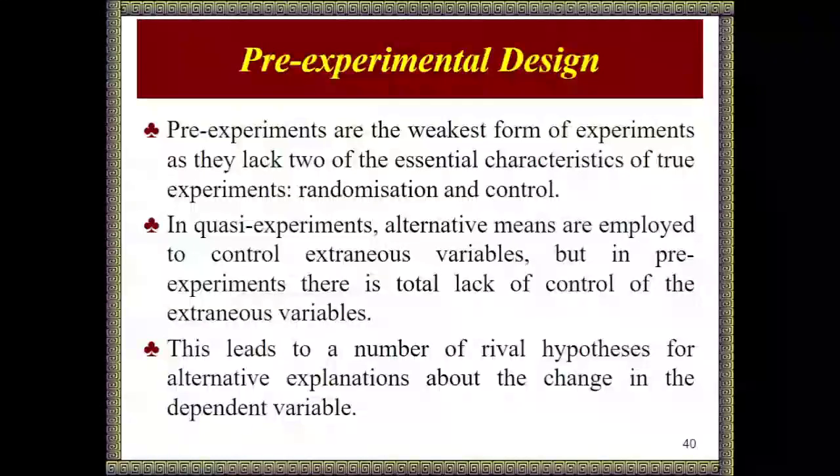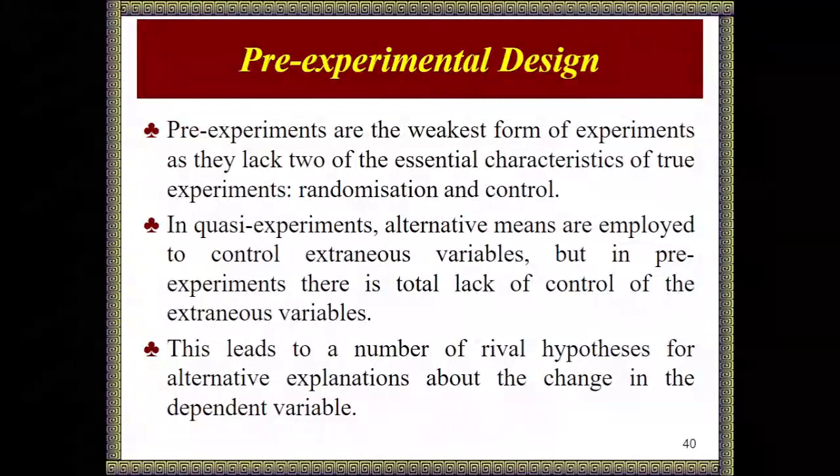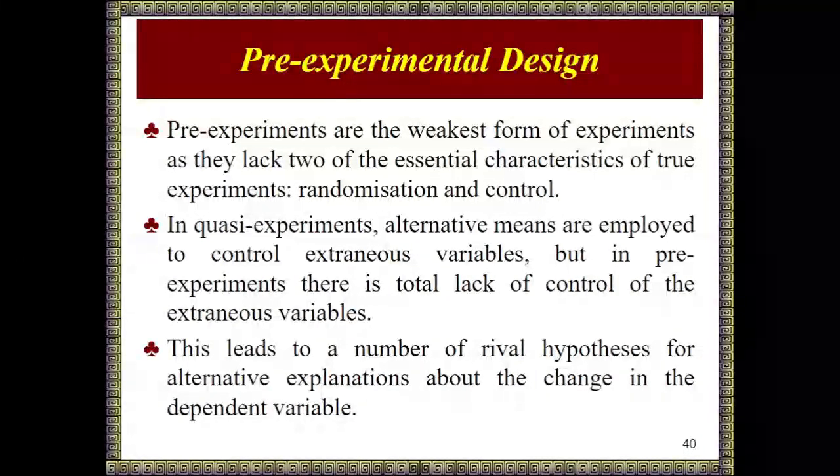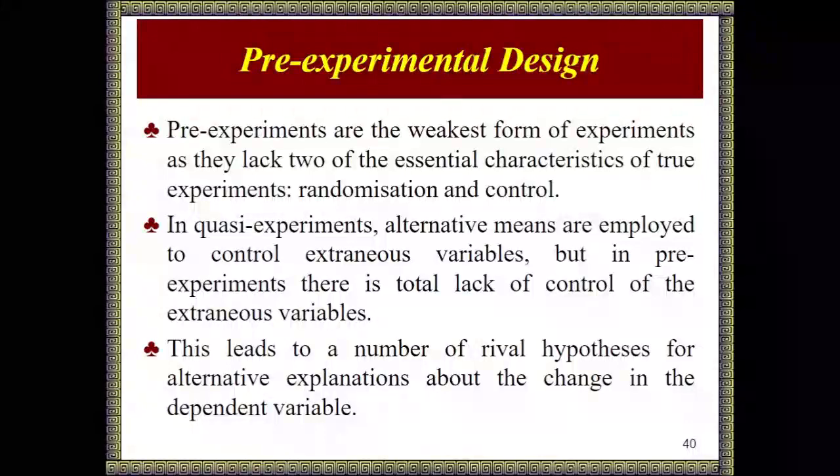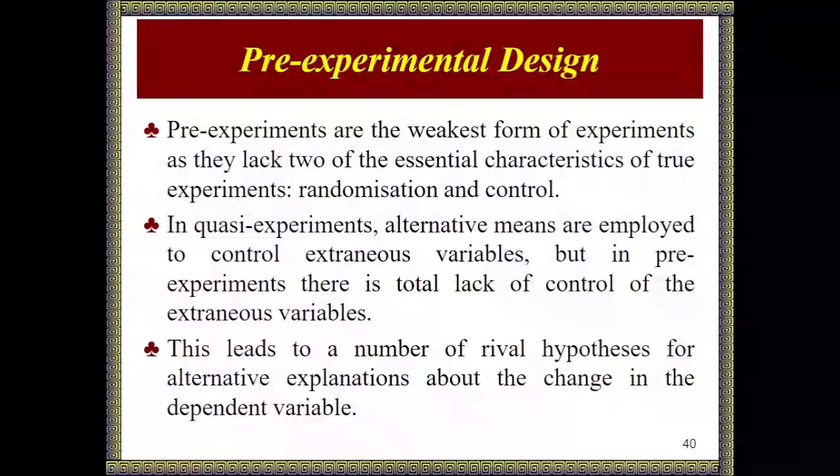Now the third part of the experimental design is the pre-experimental design. Pre-experimental is again a dilution of the experimental design. These are the weakest form of experiment, because here two things are lacking: randomization is lacking and control is also lacking.